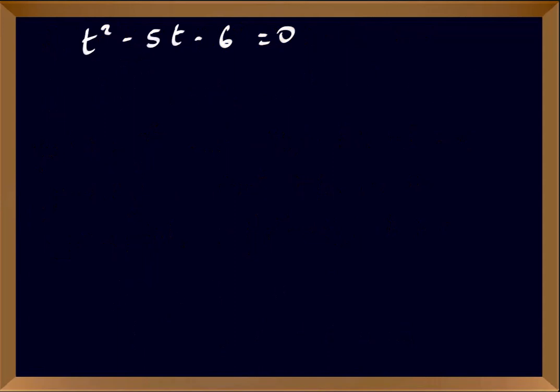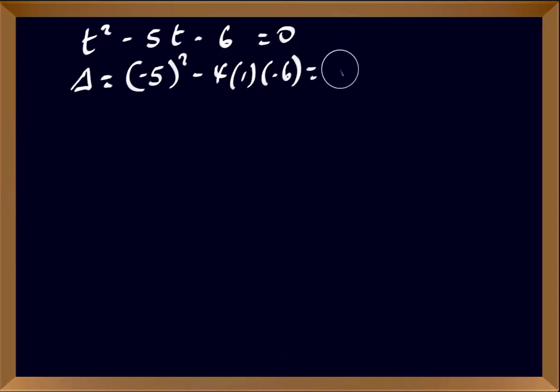So we know the roots here, but we are going to use the delta. The discriminant delta is equal to minus 5 squared minus 4 times 1 times minus 6. That makes it 49. And the square root of delta is equal to 7.